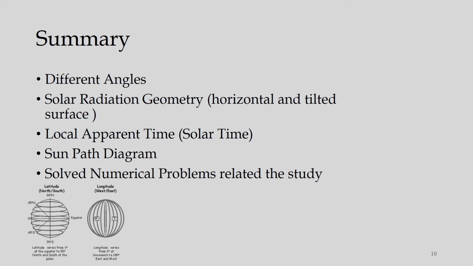Local apparent time was discussed, and we have solved some problems to strengthen our understanding. Then the sun path diagram was discussed, and we also solved numerical problems, which are very relevant for calculation of incidence angle or solar time.